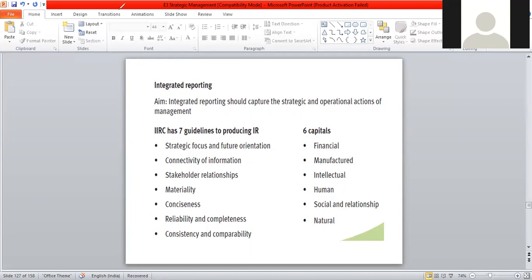Integrated reporting should capture the strategic and operational actions of management, not only the financial perspective, but other actions of management also, and they should be integrated with the financial statements and disclosed.